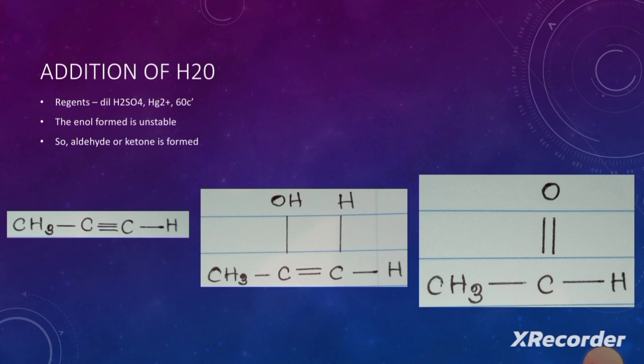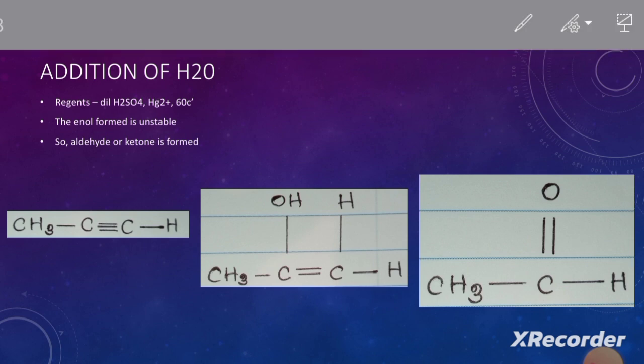When diluted H2SO4, Hg2+ and the 60 Celsius condition are provided, what happens is that one of the bonds is replaced, and OH and H bind like this.